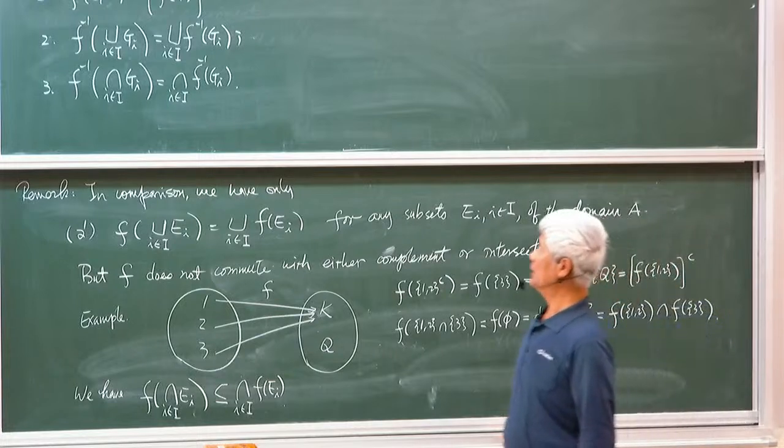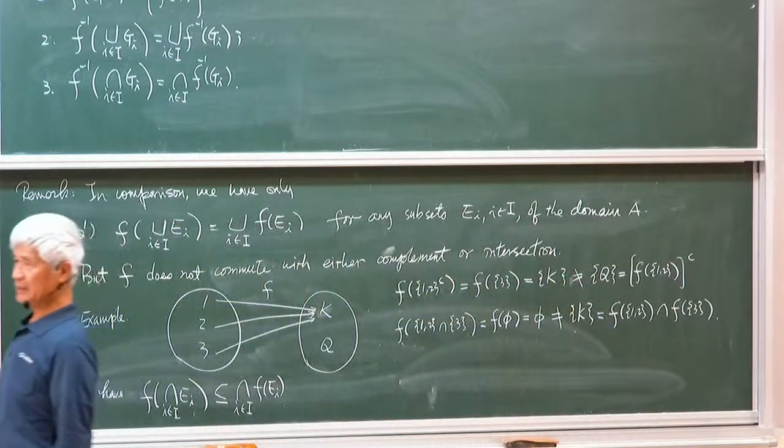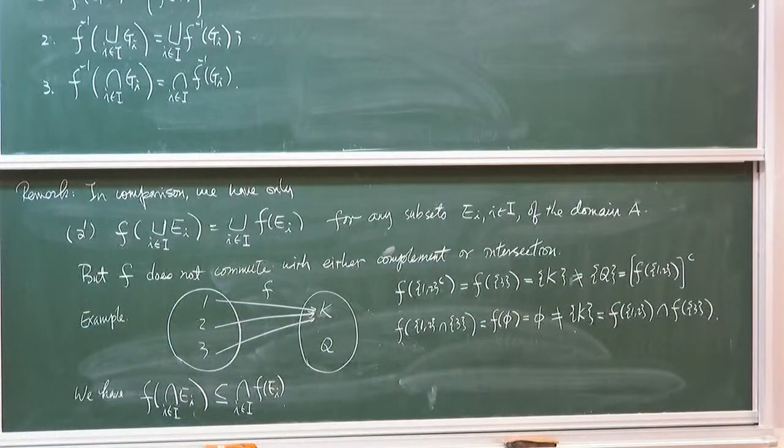Okay, so inverse mapping is very nice because it commutes with our set operations, complements, union, and intersection, which is very important in the calculus of probabilities, because we usually consider the complement, the intersection, union of events.